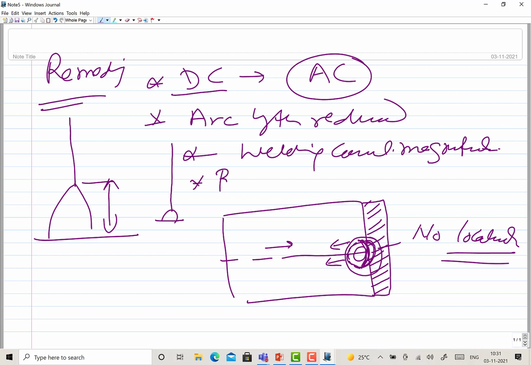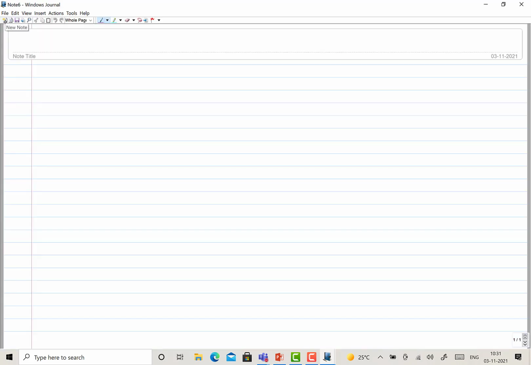So a block of steel or metal is placed adjacent to the plates being welded, so that there is a uniform distribution of the electromagnetic field all around the arc, and that's how the tendency of arc deflection or arc blow is reduced. So this was about those three things.